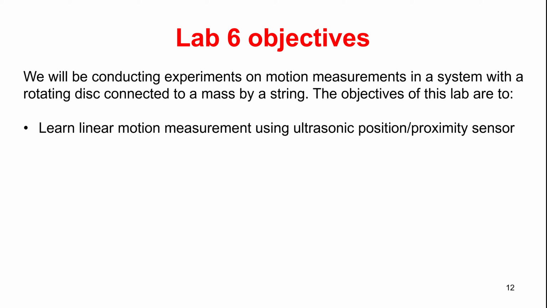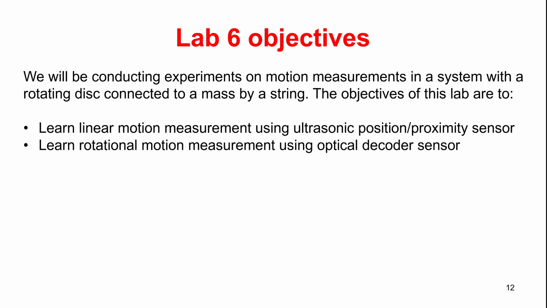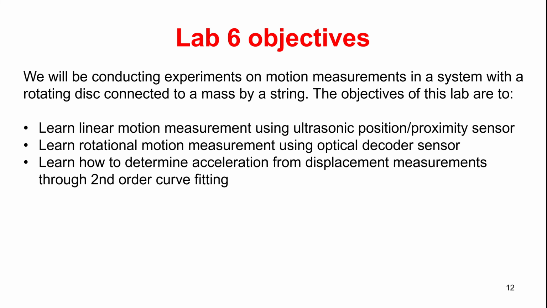The goals of this experiment are to learn how to make measurements for motion using an ultrasonic proximity sensor and an optical decoder. The optical decoder is used for the rotational motion. The ultrasonic position or proximity sensor is used for the linear motion measurement.